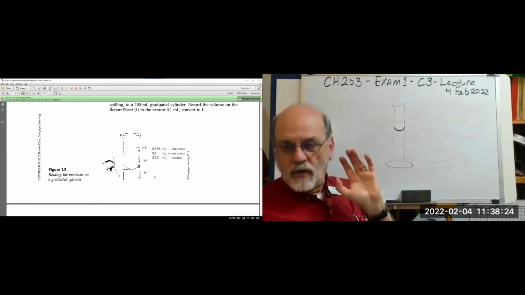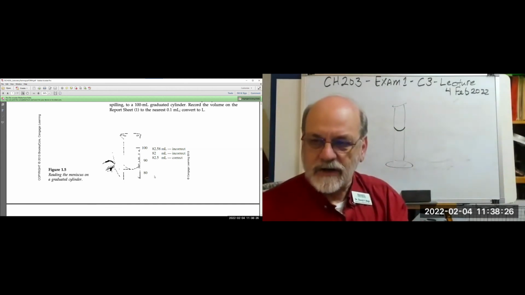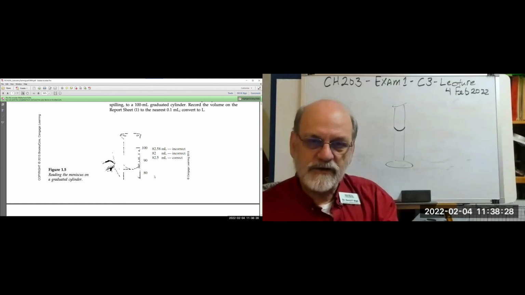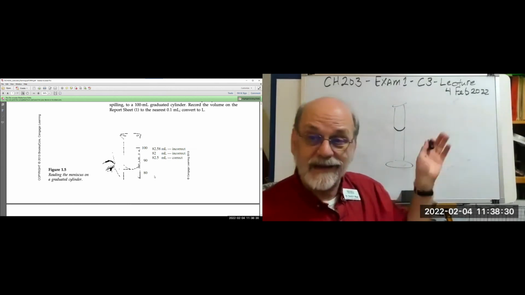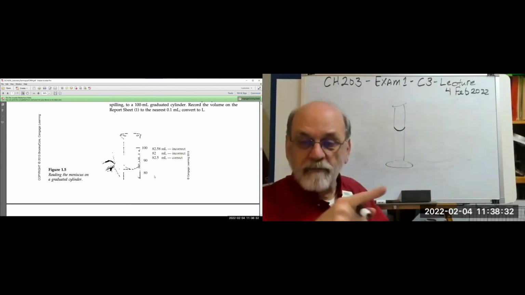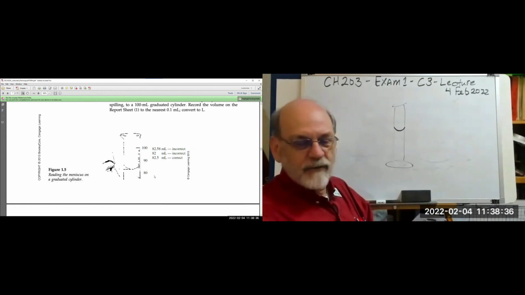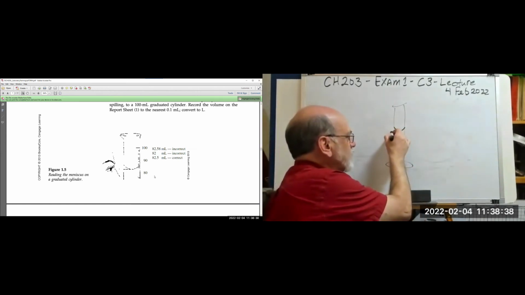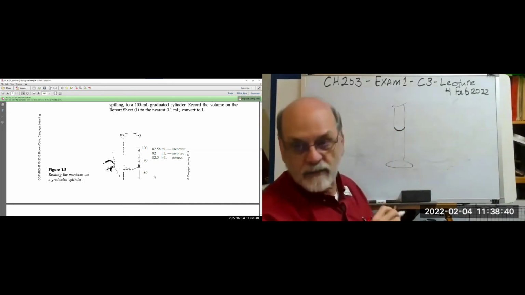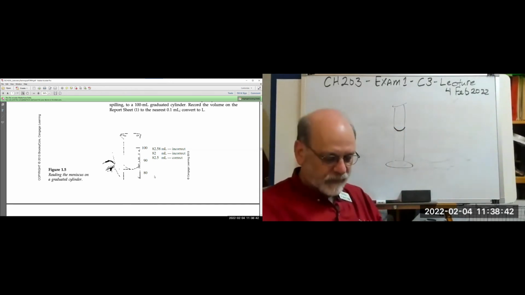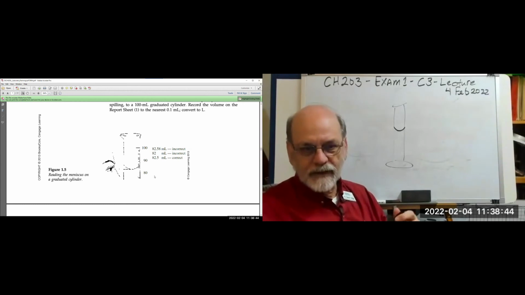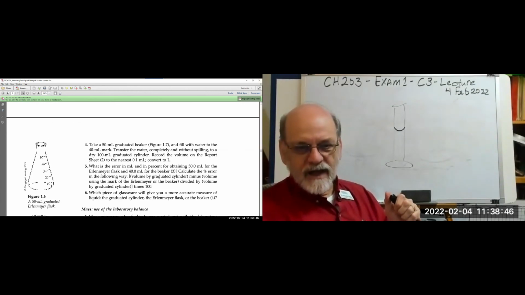So the convention here, when you take measurements of aqueous solutions in glassware, is you read the bottom of the meniscus. They're calibrated for that type of reading. So you would read across here at the bottom of the meniscus. Okay.